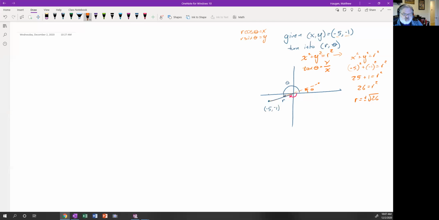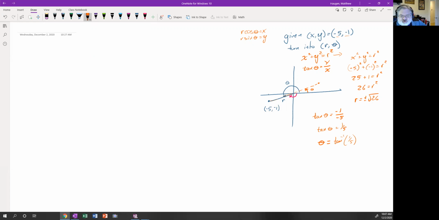Fair? How do we find the angle? Well, we know the tangent of our angle is supposed to be negative 1 over negative 5, or the tangent of our angle is supposed to be 1/5. So if we take, what is in radians or in degrees? Radians, should do radians, okay. We should take that tan inverse of 1/5, right? But we know when we take the tan inverse, we don't get one angle, right?